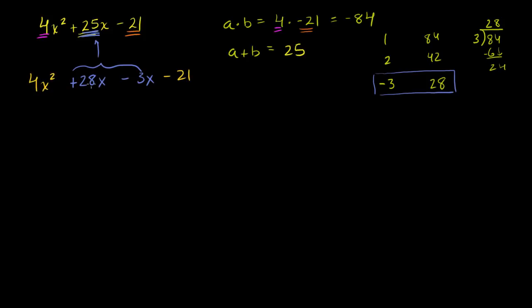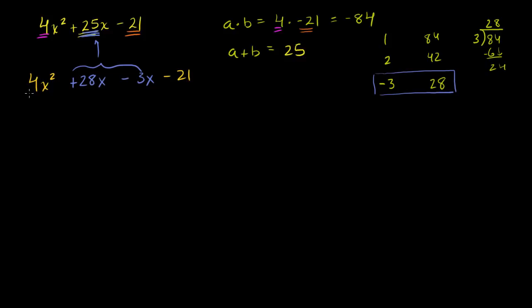Now, you might ask, how did you pick the 28 to go here and the negative 3 to go there? It actually does matter. The way I thought about it is that 3 or negative 3 and 21 or negative 21 have some common factors. In particular, they have the factor 3 in common. And 28 and 4 have some common factors. So I grouped the 28 on the side of the 4. You're going to see what I mean in a second.